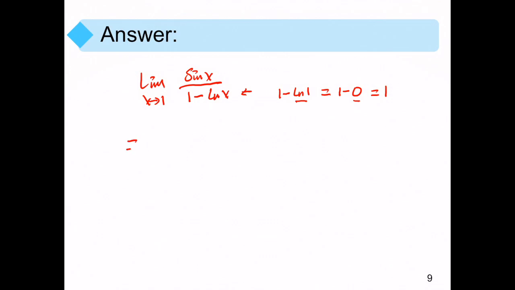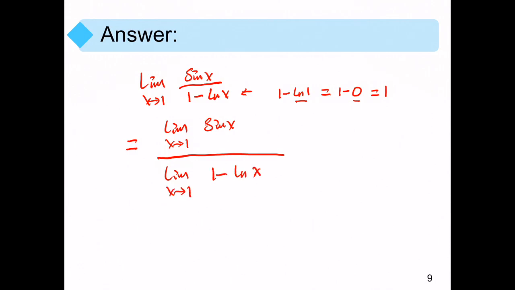So the quotient's limit equals the quotient of the limits: limit as x goes to 1 of sin x, divided by limit as x goes to 1 of 1 minus ln x. When x goes to 1, we use the function's value as the limit, since 1 is in the domain of each function.